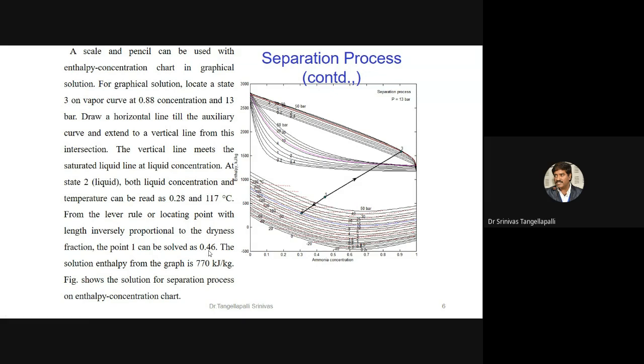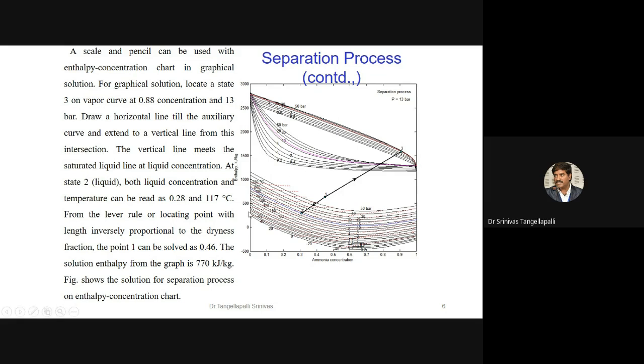Now you have all three concentrations. The mixture concentration is 0.46, the liquid concentration is 0.28, and the vapor concentration is given as 0.88. Based on these concentrations, you can also solve other values like enthalpies.